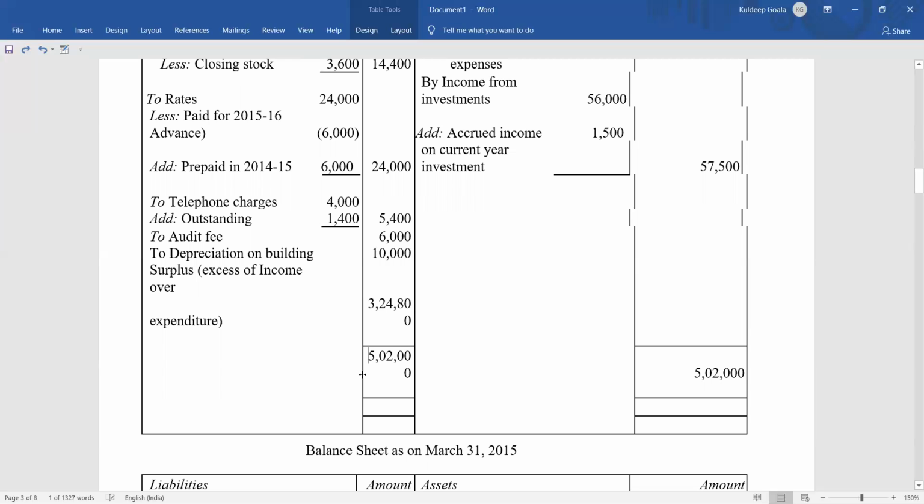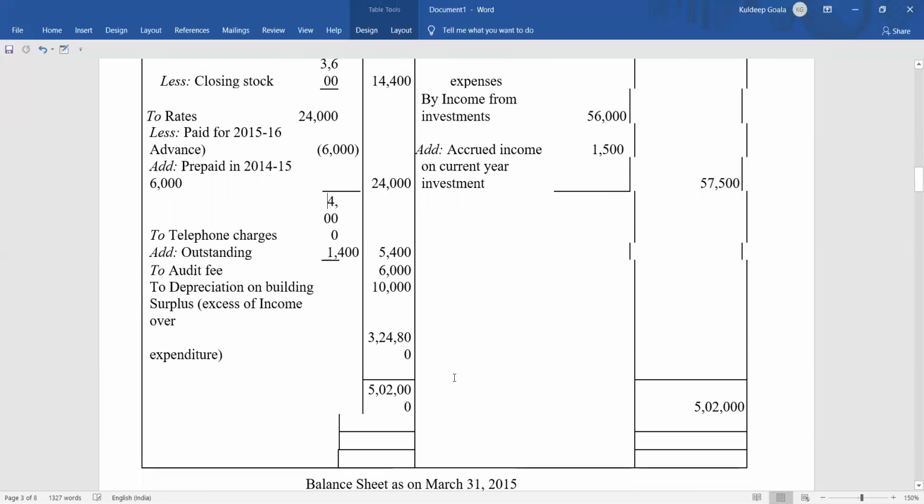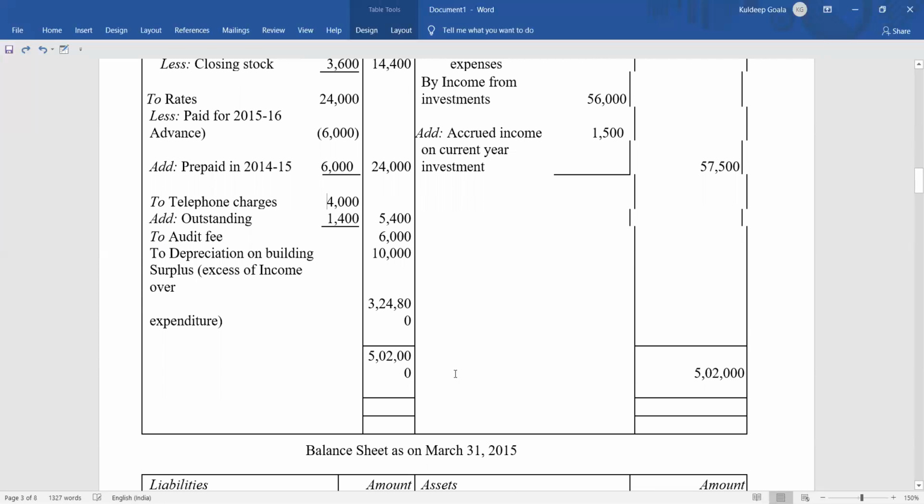Once you have got the total of the side, then you can go for finding the balancing figure. So what will be the balancing figure? After deducting this side, it is coming 3,24,800, right?